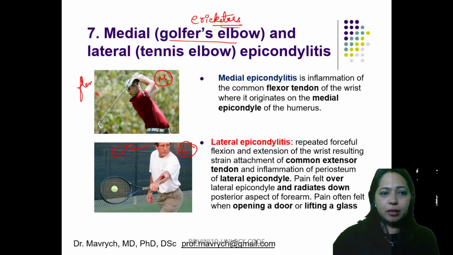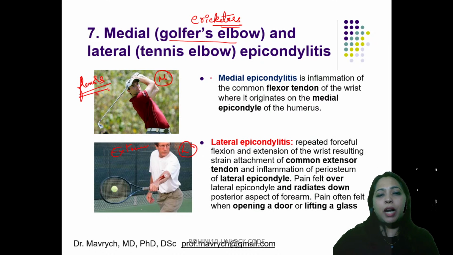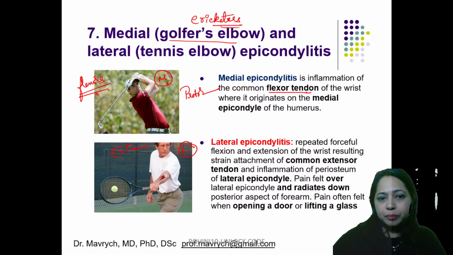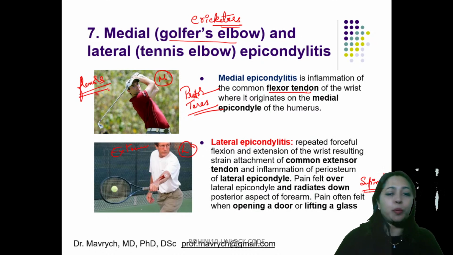These are all flexors. Okay, flexors of what? Flexors of the forearm. So here you have medial epicondylitis, inflammation of all those tendons on the medial epicondyle. Which tendons? The flexors you have, including pronator teres. Remember, in the extensors, you also have supinators. Supinator belongs to the extensor group.